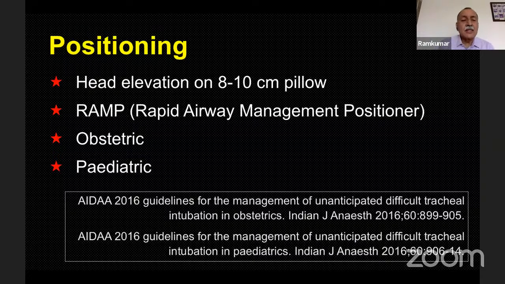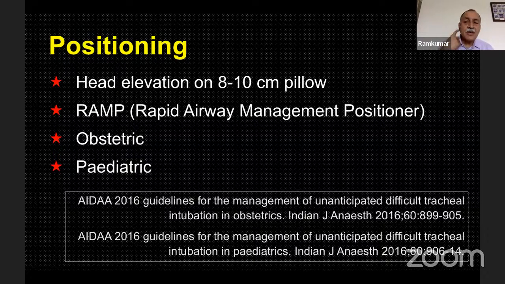Now, there are certain other special head positioning techniques that are described. The second bullet point draws our attention to what's called the ramp position, which stands for Rapid Airway Management Positioner, which I will show you in the subsequent slide. There is a special positioning required for obstetric patients, even if they are non-obese, keeping the gravid uterus in mind. And there is a special positioning required for pediatric patients.